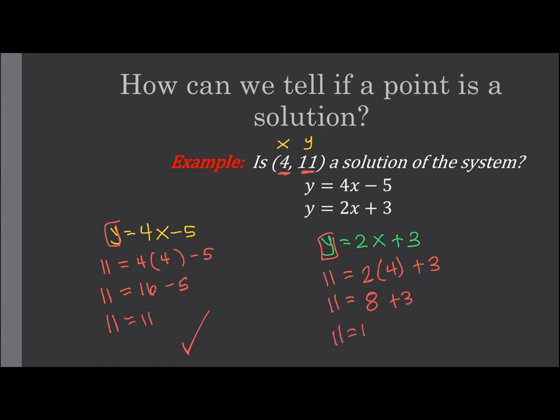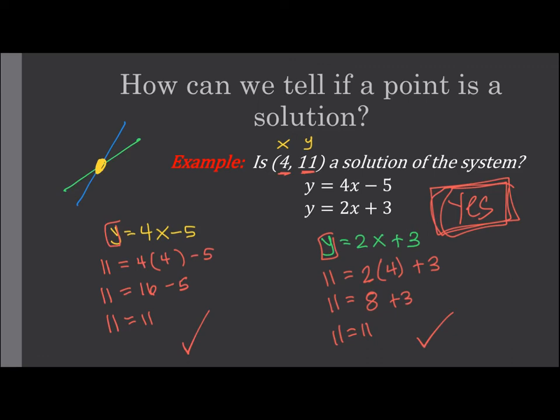So 11 equals 11, true. So that means, yes, 4 comma 11 is a solution, which here's what this means. One of your equations looks like this, one of your equations looks like this, and the solution is 4 comma 11. That's where they intersect.